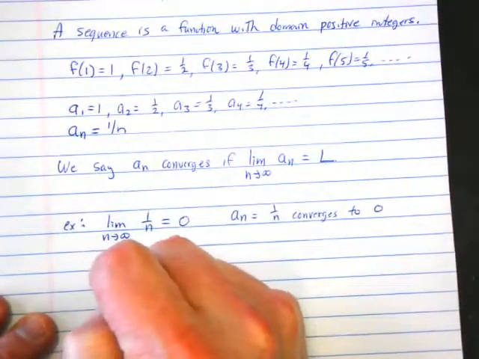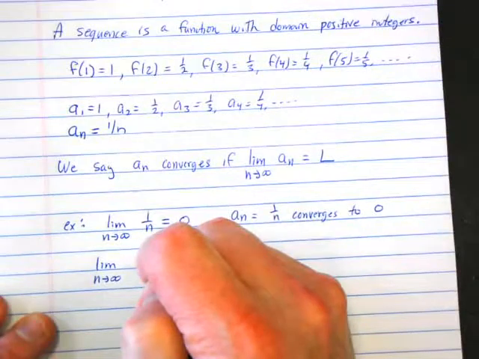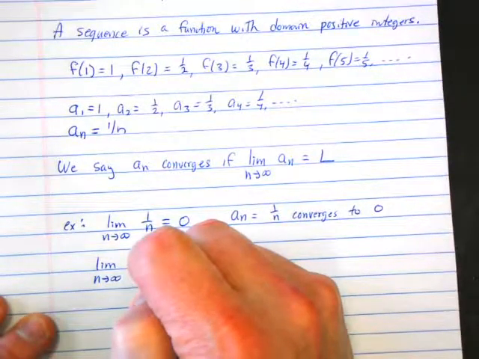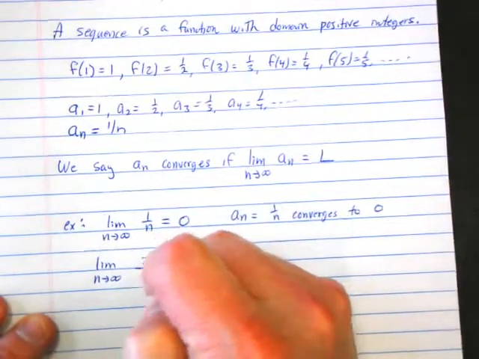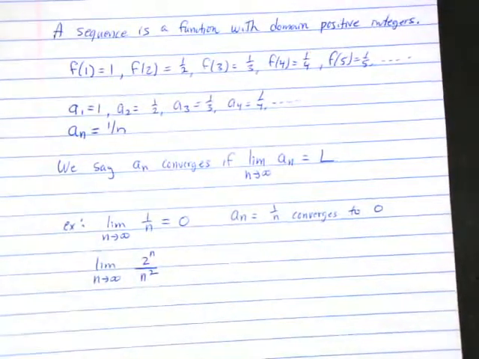How about the limit as n goes to infinity of 2 to the n over n squared? It's infinity over infinity, which might be infinity, might be 6.